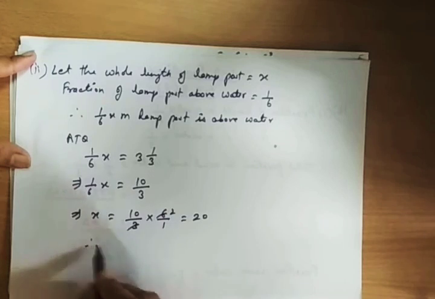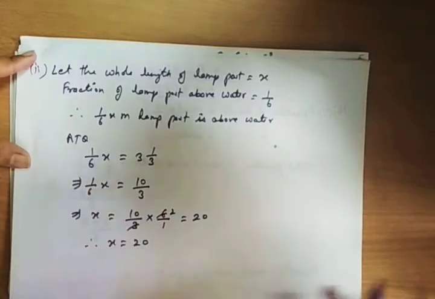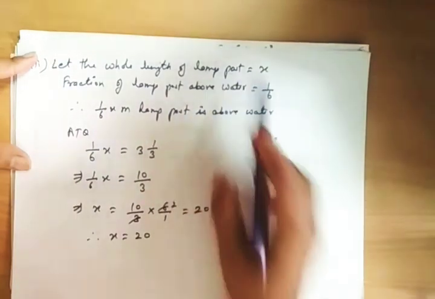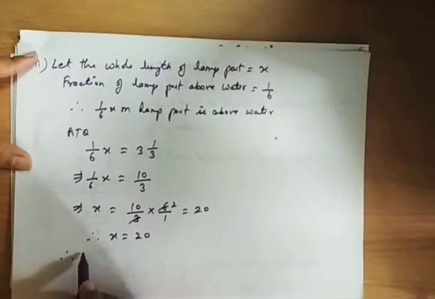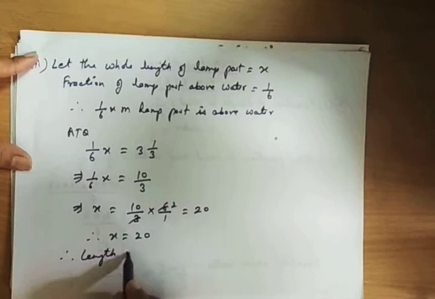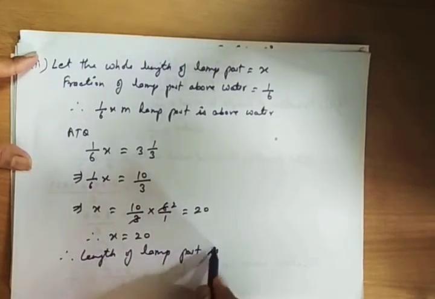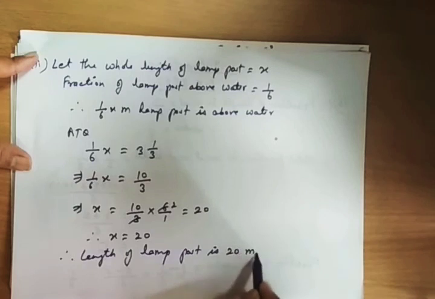So the value of x is 20. And what we supposed as the value of x was the whole length of the lamp post. Therefore, the length of the lamp post is 20 meter.